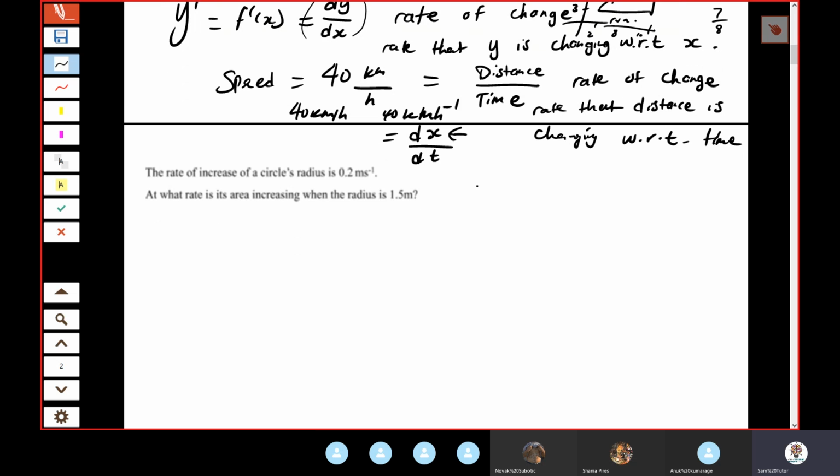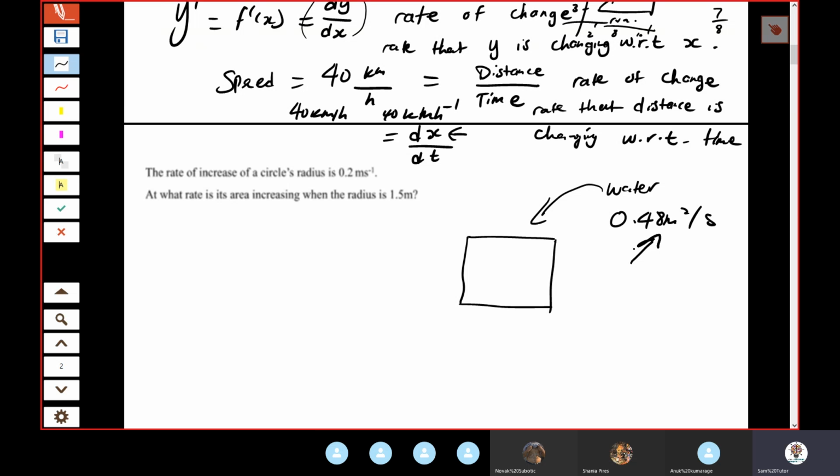So let me look at another one. If I told you that I'm pouring, that's a cup, right? And then there's water that's going in. And the water that's going in covers 0.48 square meters per second.